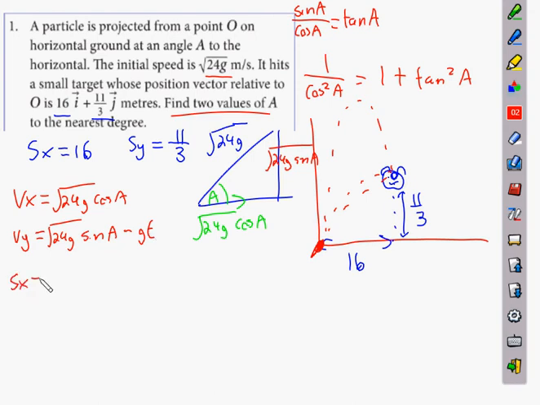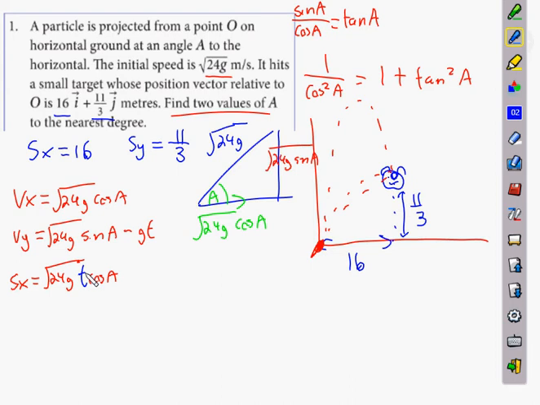Sx will be root 24g cos A multiplied by t, isn't it? So I'm just going to move that t. I have a preference not to put the t beside the angle, so I put the t in front of it. Okay?